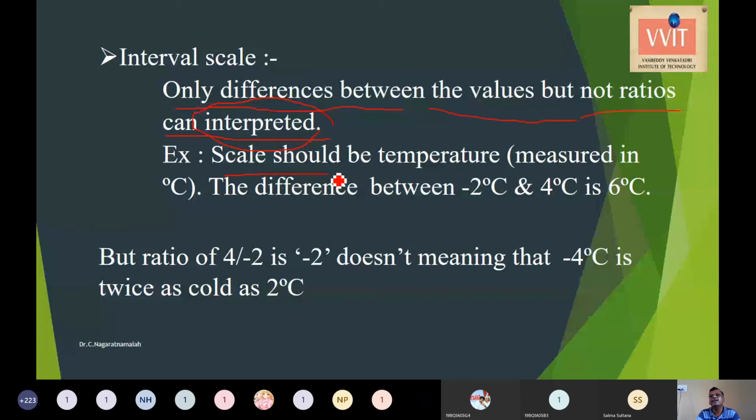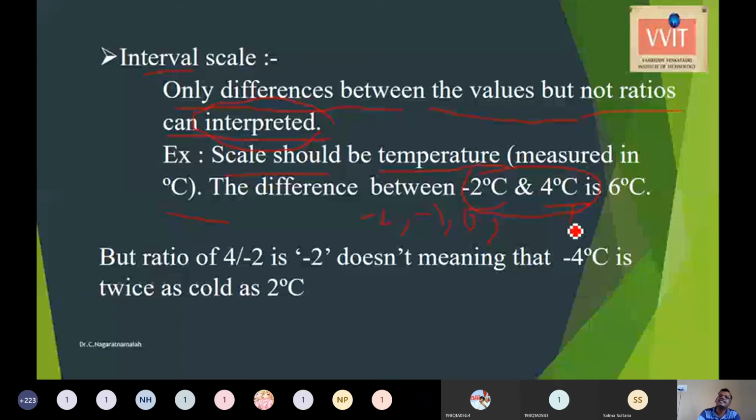What is the difference between -2 degrees and 4 degrees? -2, -1, 0, and so on up to 4. What is the difference? The value is equal to 6.